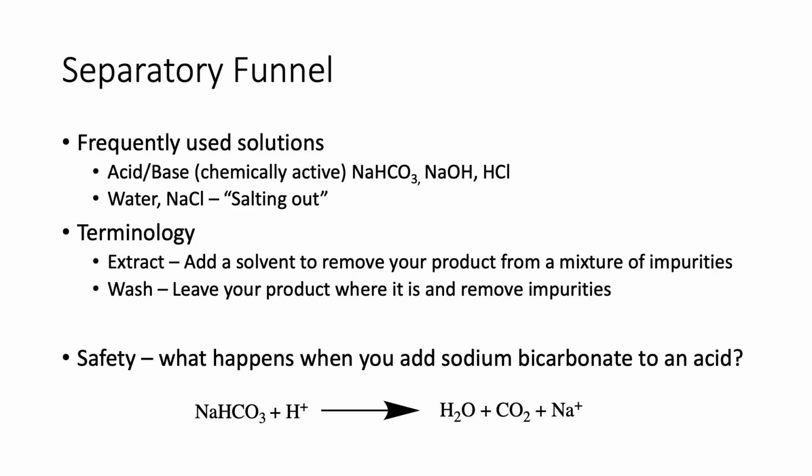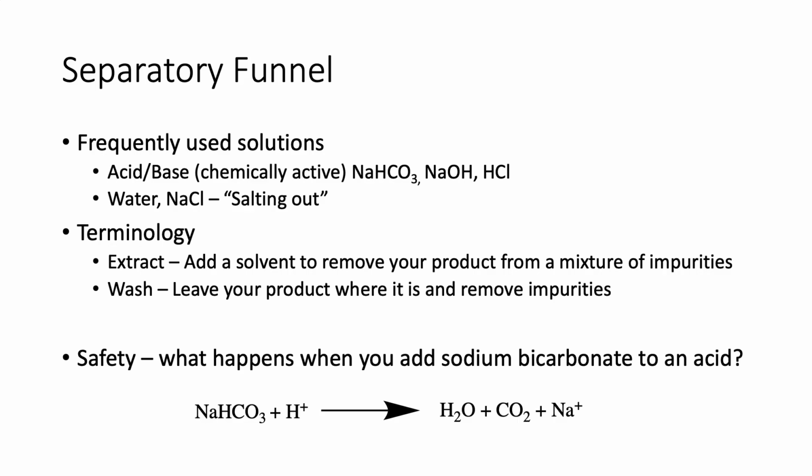So in our reaction mixture, we have hopefully a lot of product. We probably still have some carboxylic acid left over, and we know that we have some sulfuric acid in there. Yes? Great. So the way to get all of that acidic byproduct away from our product is to use sodium bicarbonate, which is a base.